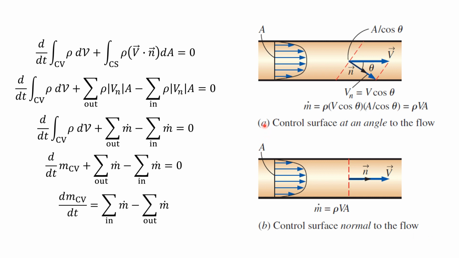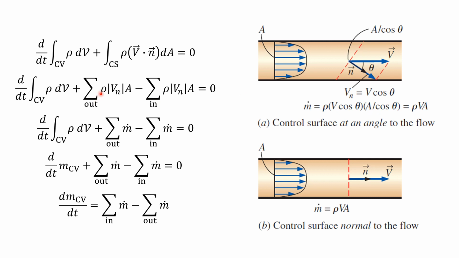This is from the derivation. We know that this is the angle going out, so Vn is V cos theta.